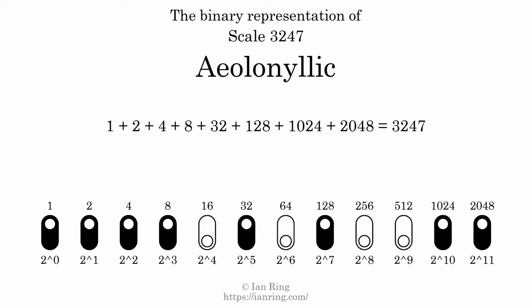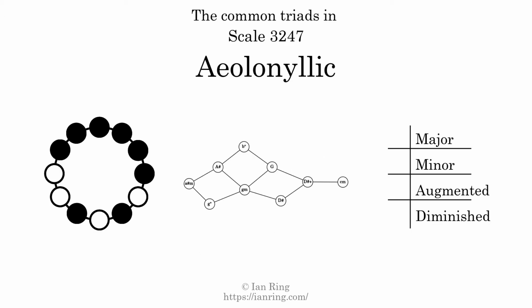That is why the scale number, in decimal, is 3247. The scale number not only enumerates the scale with a unique index, but it also literally describes the tonal content of the scale. Represented as a binary number in base 2, the scale number is 110010101111.